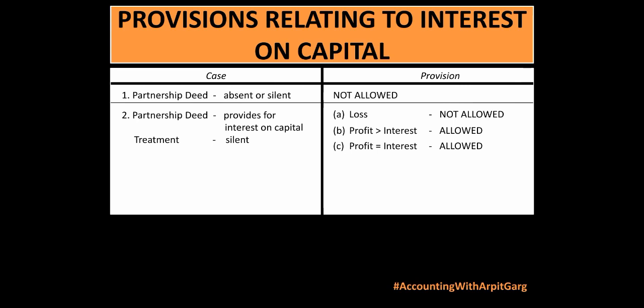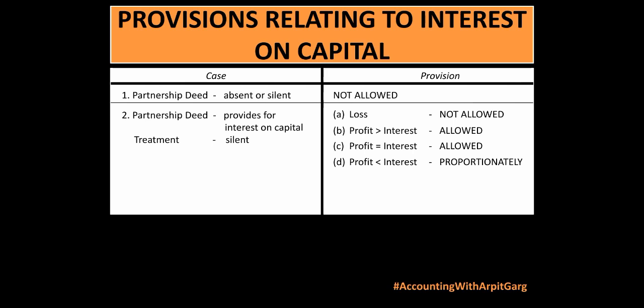If profit is equal to interest, then also it will be allowed. But if profit is less than interest, then it will be given proportionately, that is in a ratio. For example, A is to get rupees 10,000 and B is to get rupees 20,000. So total we need to distribute rupees 30,000, but we are having only rupees 15,000. So we will give half amount to each of them, that is rupees 5,000 and rupees 10,000.